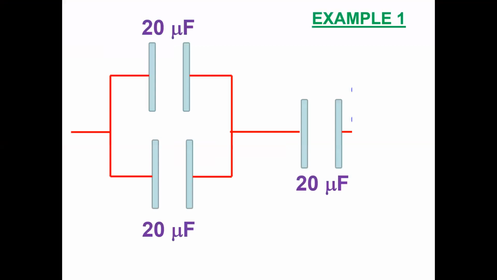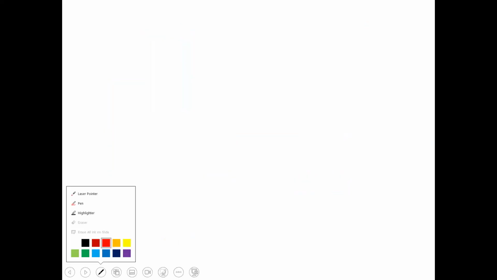So in this circuit you can see there are 2 capacitors in parallel and 1 capacitor in series. This is called a combined circuit. So give a heading and write under it series and parallel both.